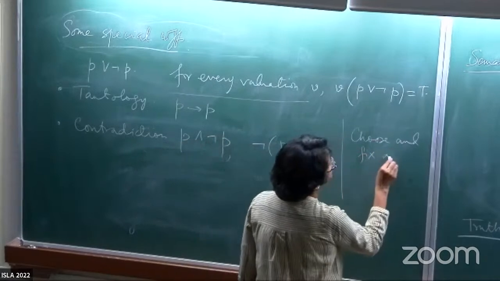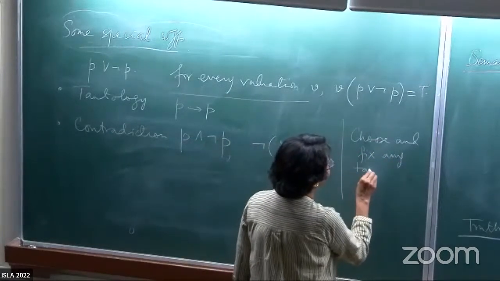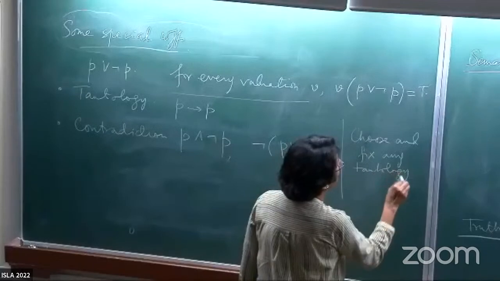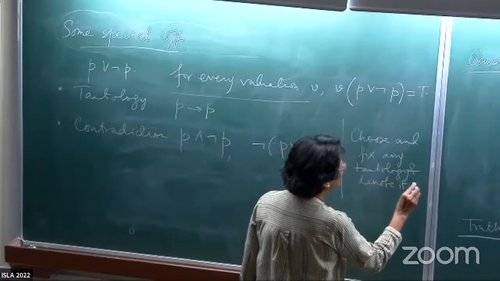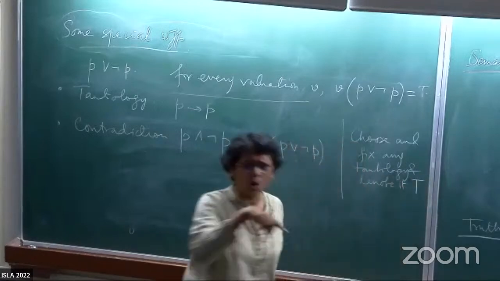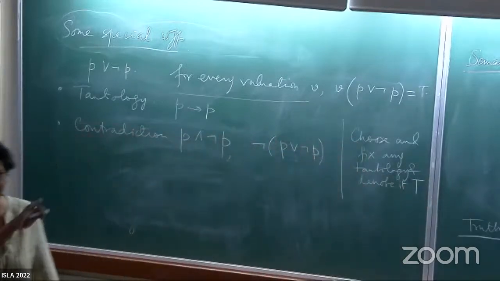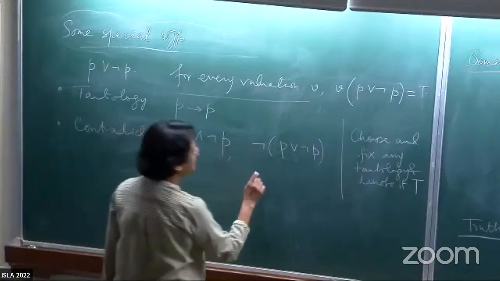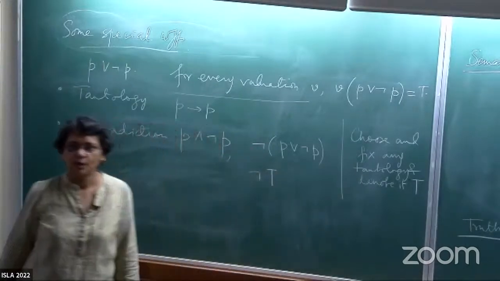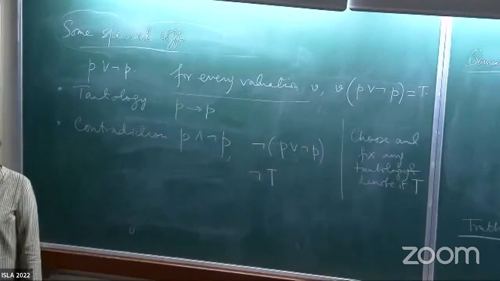Now choose and fix any tautology. Okay, and denote it, again abuse of notation, by top. All right. So if I were using LaTeX, it would be different. In any case, so all right. So if you have done that, then what I meant here was this. So you just negate any tautology.